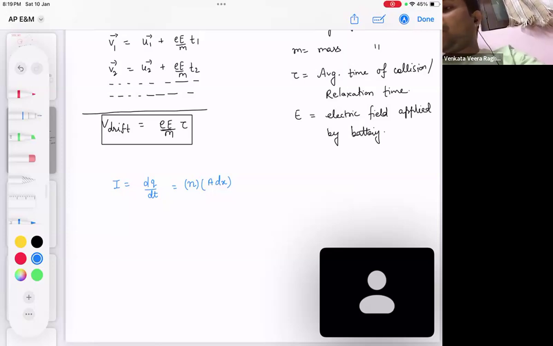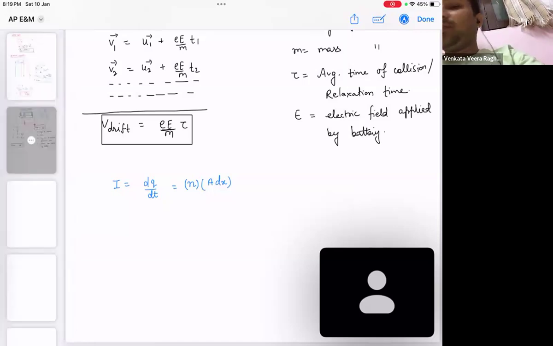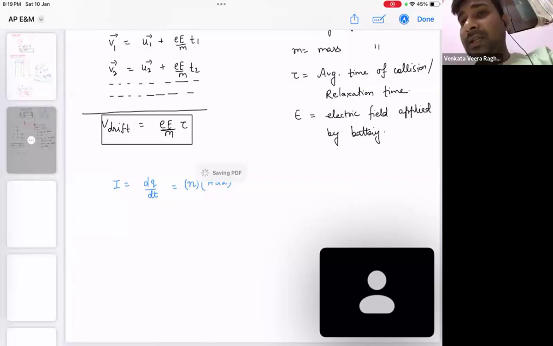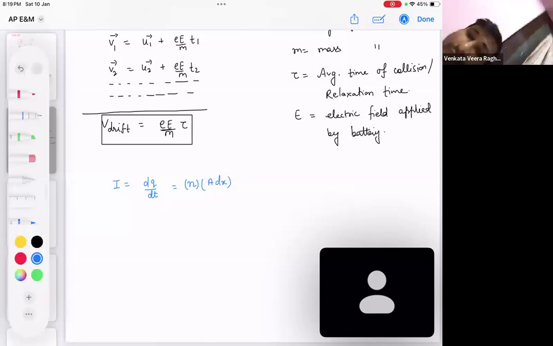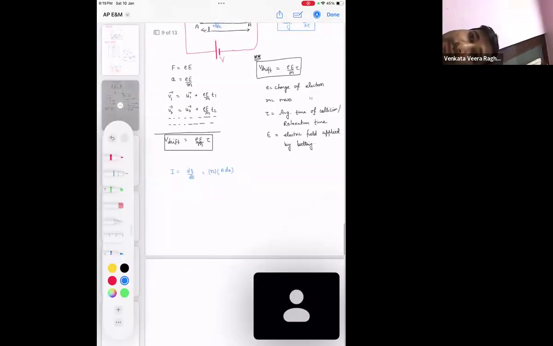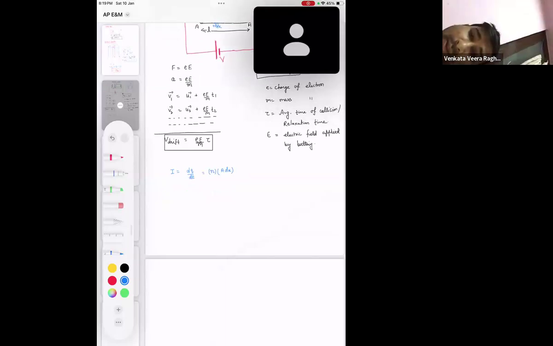Number of electrons per unit volume into the volume crossed. If I multiply by the charge of the electron, will it become the charge crossing? And that charge crossed in how much time? dt time.